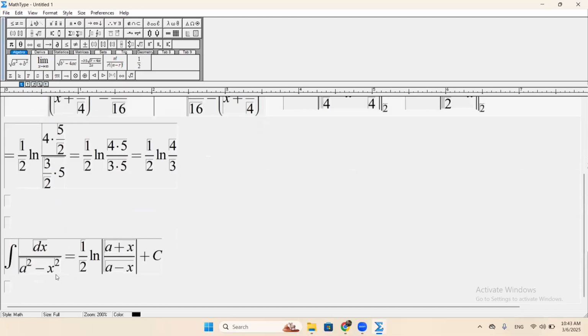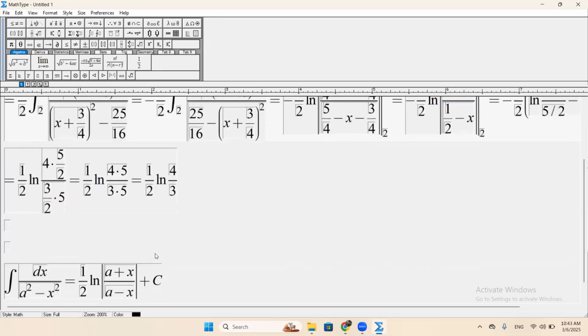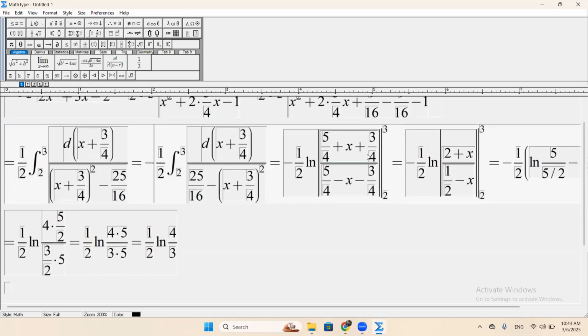For the table integral, we have the following expression, 1 over a cube minus x cube, so just to transform it to the table form of the integral. Have I answered your question? Yeah, thank you a lot. More questions?